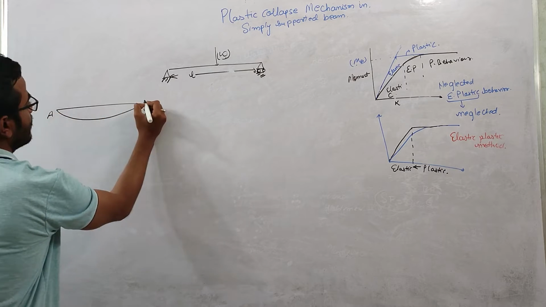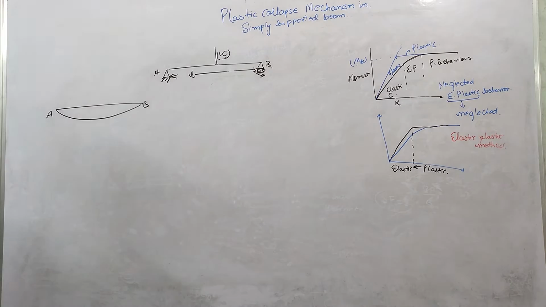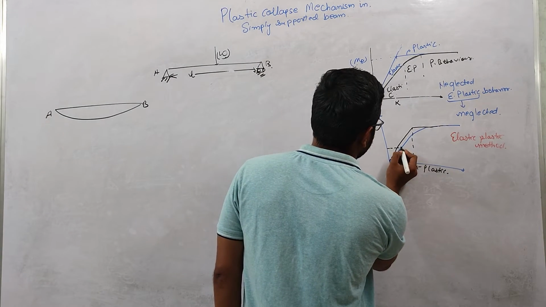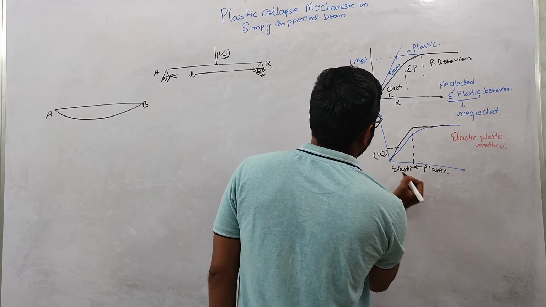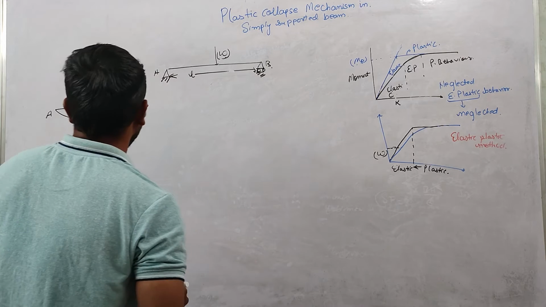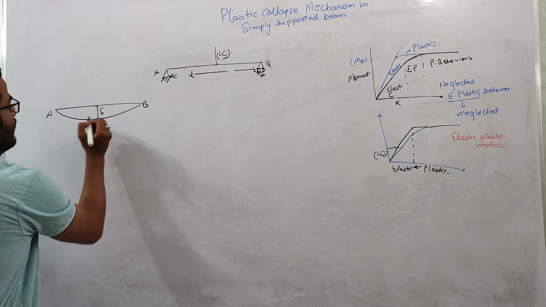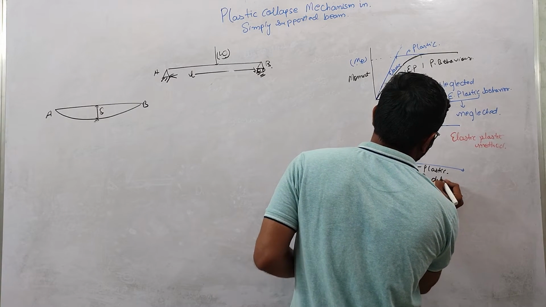This is A, this is B, and here let us suppose we are in this stage. In this stage, this is our W load, and this is our, let us suppose, delta deflection.